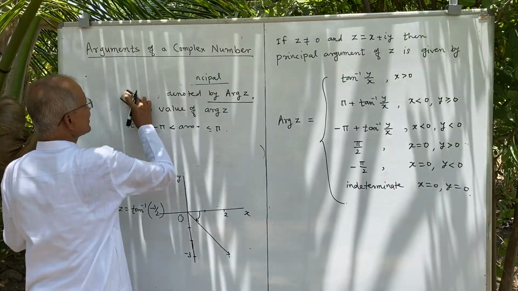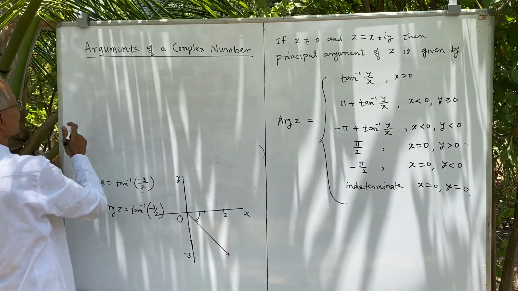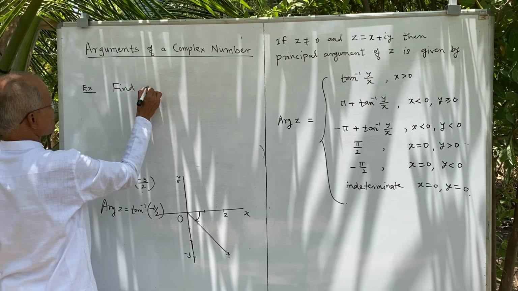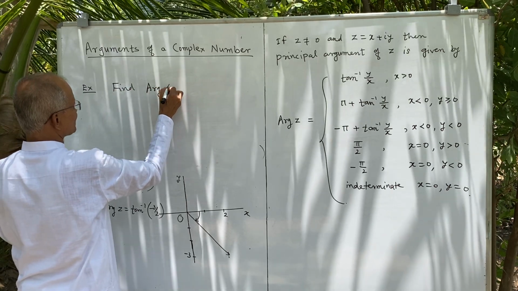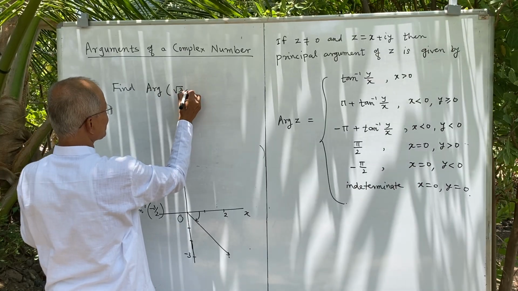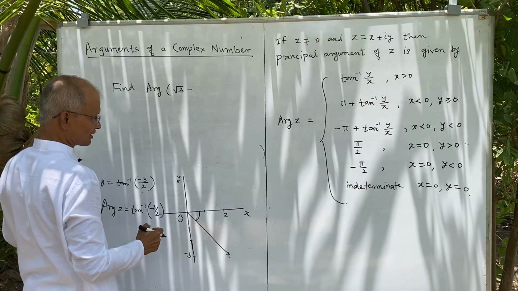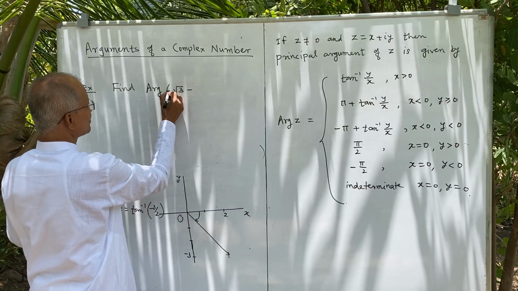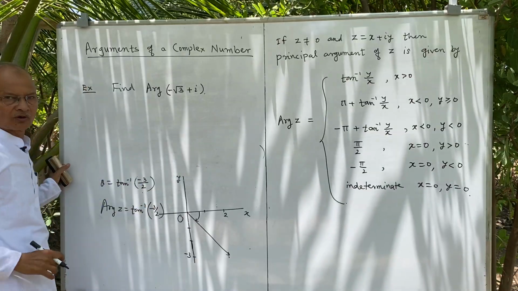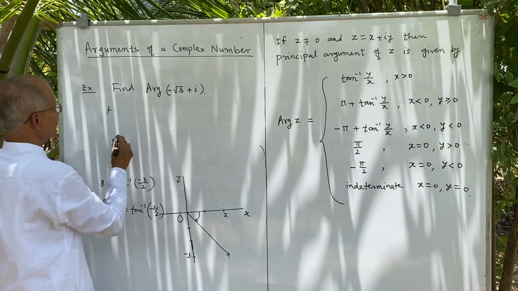So a general example can be considered: find the argument of, say, minus root 3 plus i. We can use these formulae here.